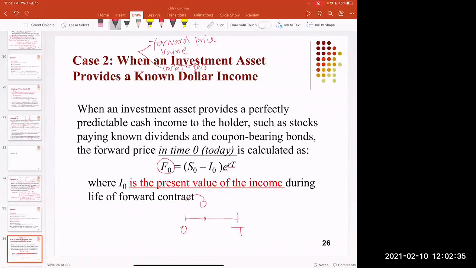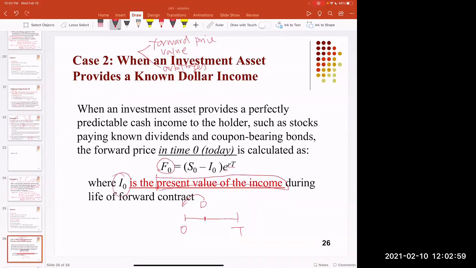We discount income back to time 0. Okay, so when we talk about the forward price at time 0, we need to talk about everything at the same time, right? So we discount dividend income at some time back to time 0. We call it the present value of income, I0.